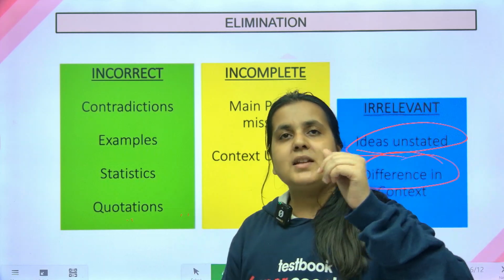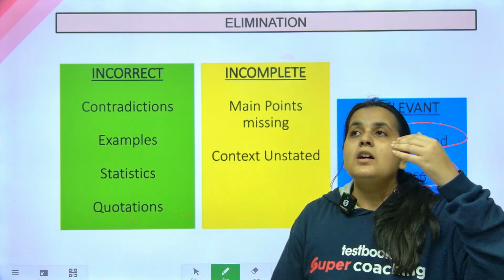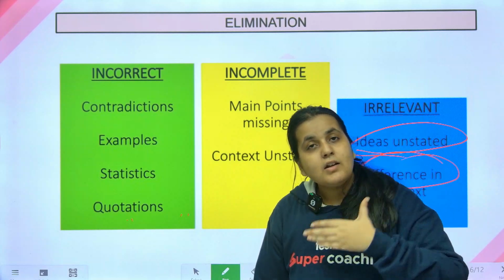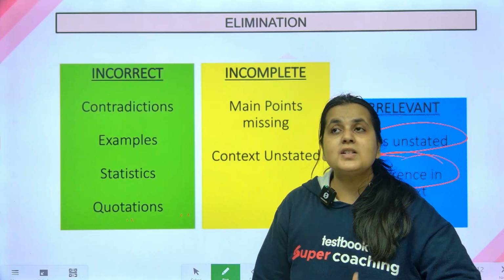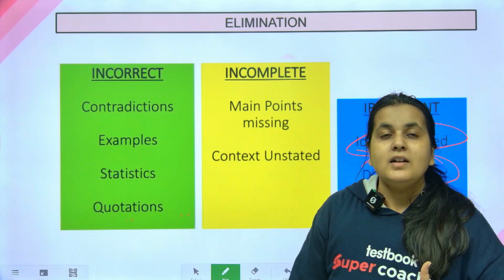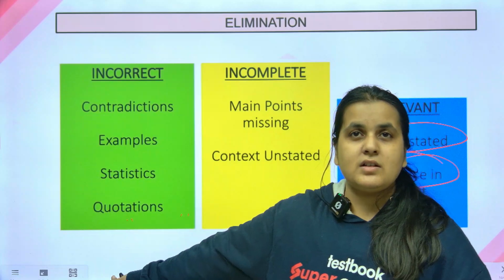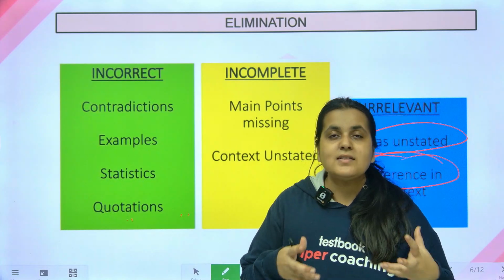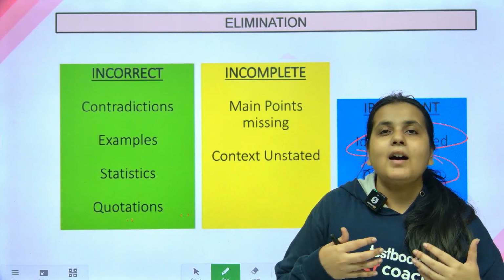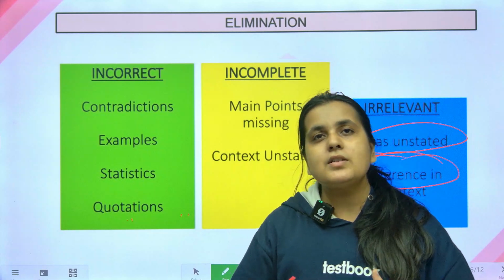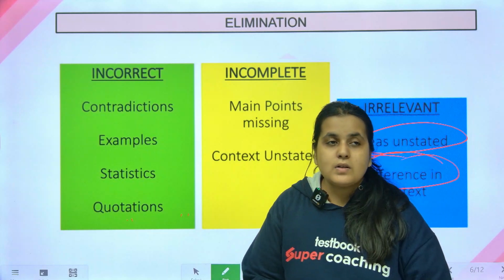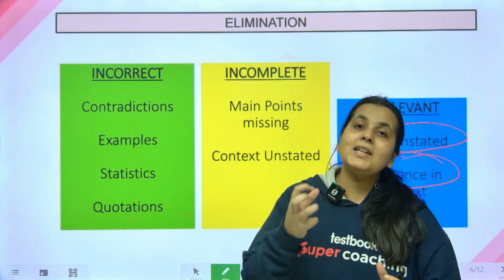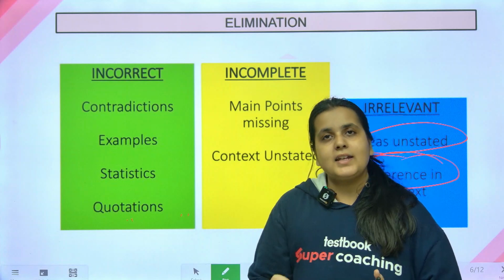Abraham Lincoln once said, Mahatma Gandhi once said; many times the author starts with famous quotations, but those quotations need not come into your option, because the option is from the perspective of the author, not someone else's words. So please eliminate any options which are giving you unnecessary points, substantiating points, unnecessary details where the main point is not even covered. And also see how the option is framed or presented. The main point should be highlighted, not the secondary point.